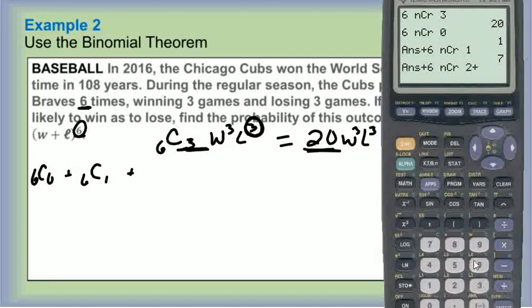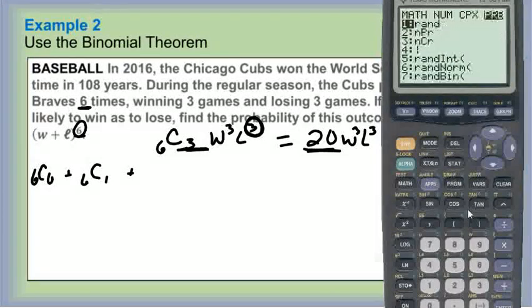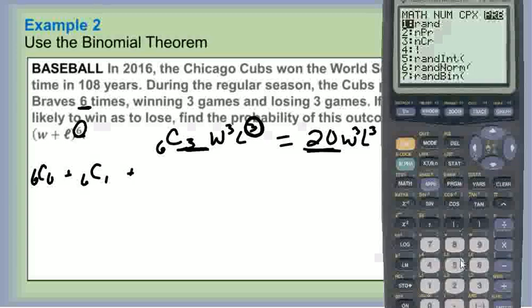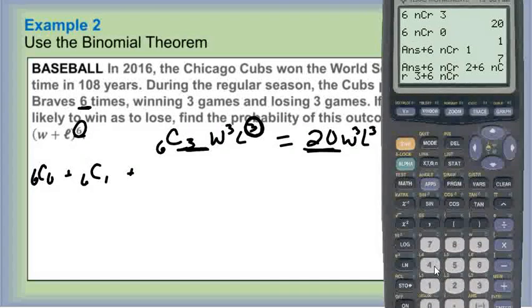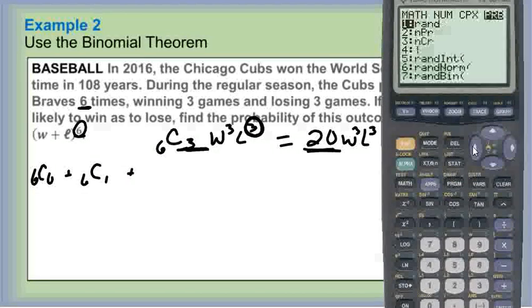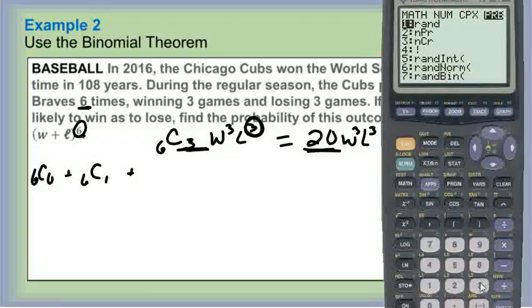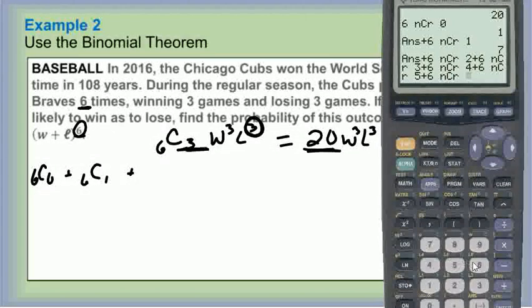Plus 6 math choose 3, plus 6 math choose 4, plus 6 math choose 5, plus 6 math choose 6, and if I hit enter, I get 64.